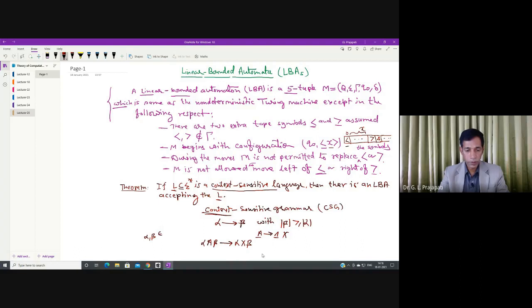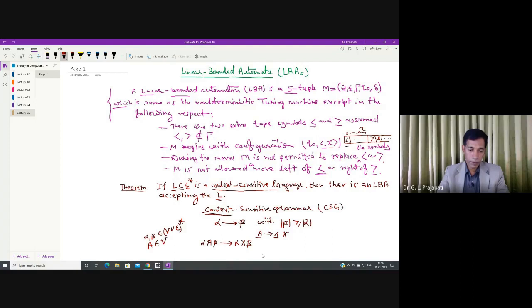We denote non-terminals by V, and the input alphabet, the terminal symbols, by sigma. Elements of sigma are terminal symbols. And A is a non-terminal symbol, so A belongs to V.